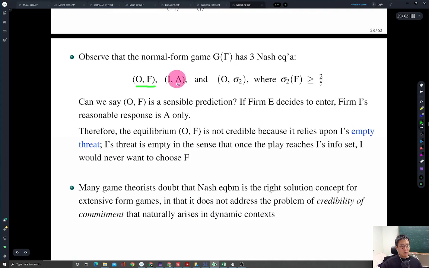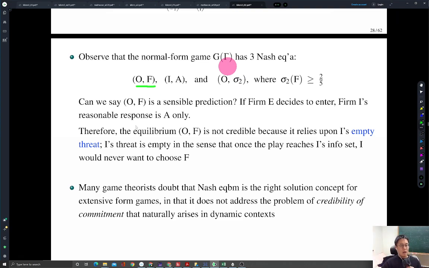Alright, so that is one major problem with the Nash equilibrium. When we make a prediction based on Nash equilibrium in a dynamic situation, we can't eliminate such a play based on empty threat. It gives us 3 possible predictions, but except the second, the first and third are based on empty threat. Right? And this is why we propose a new solution concept.